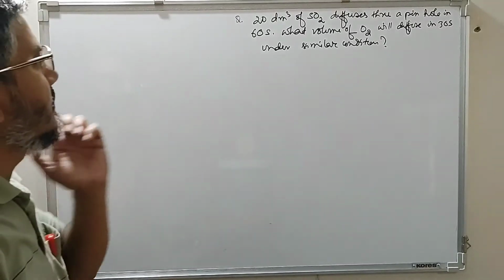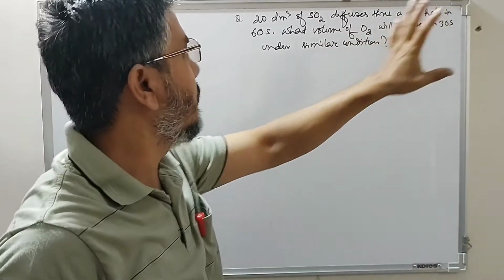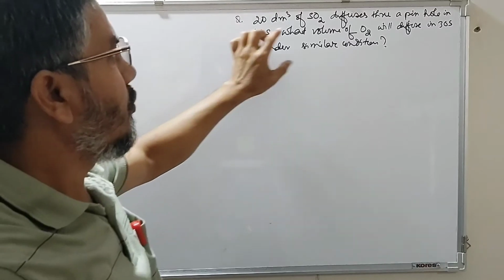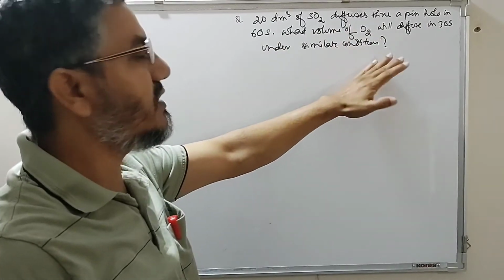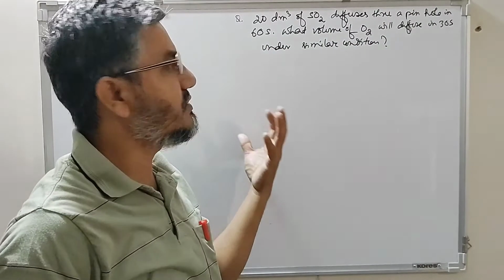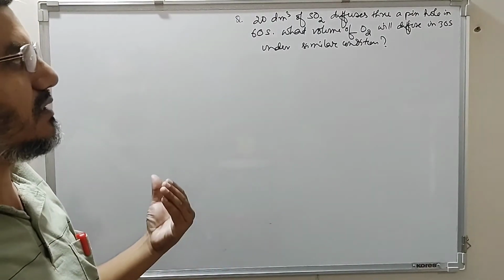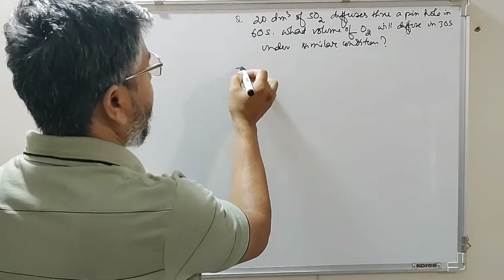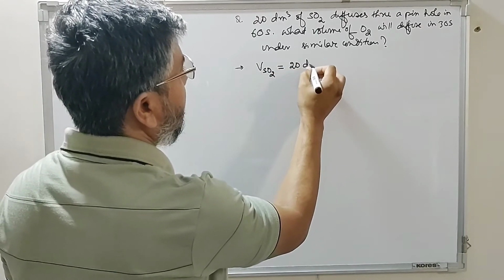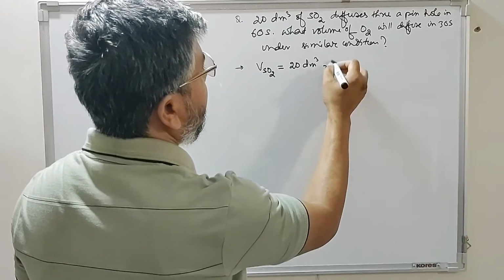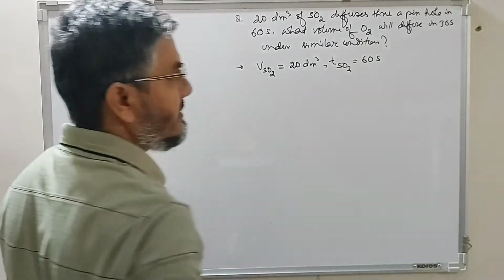So look at this question. 20 decimeter cube of sulfur dioxide diffuses through a pinhole in 60 seconds. What volume of oxygen gas will diffuse in 30 seconds under similar conditions? Similar conditions means temperature and pressure remain constant. The data says the volume of sulfur dioxide gas diffused is 20 decimeter cube, and the time required for this diffusion of sulfur dioxide is 60 seconds.